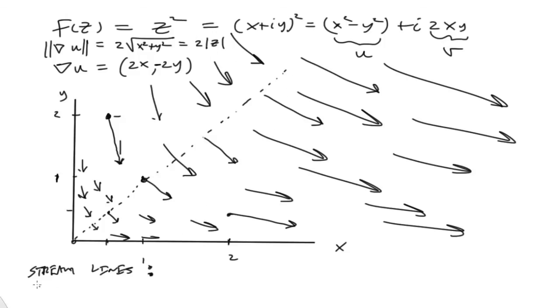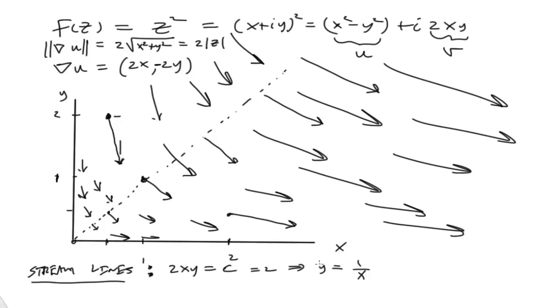All right, so what about streamlines? They should give us maybe a more concrete picture of where particles flow in this system. So again, we set 2xy equal to some constant. Let's make our constant equal to 2, for example. Then we want to get y, so it must be equal to 1 over x.